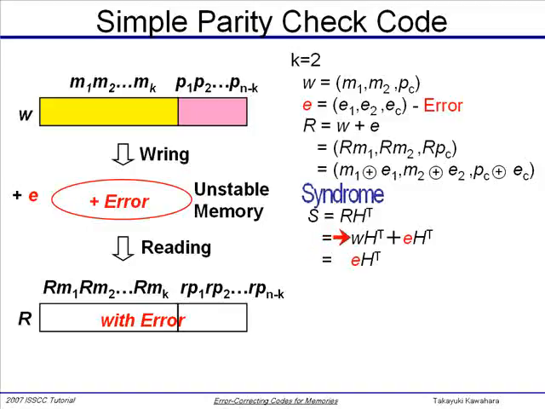Coding is defined as W times H transpose equals 0. Therefore, the syndrome is only dependent on the error. So we can find out what the error is by using the syndrome. Okay, the syndrome is useful to obtain the error information.